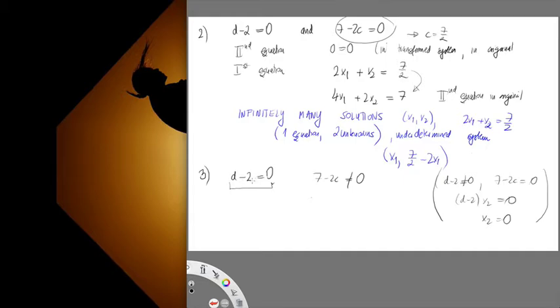So when I have this, then I'm going to have d minus 2, which is 0, times x2 is equal to 7 minus 2c. So the situation I have is that this is 0 and this is not equal to 0. This was my last equation, right? Is this possible?